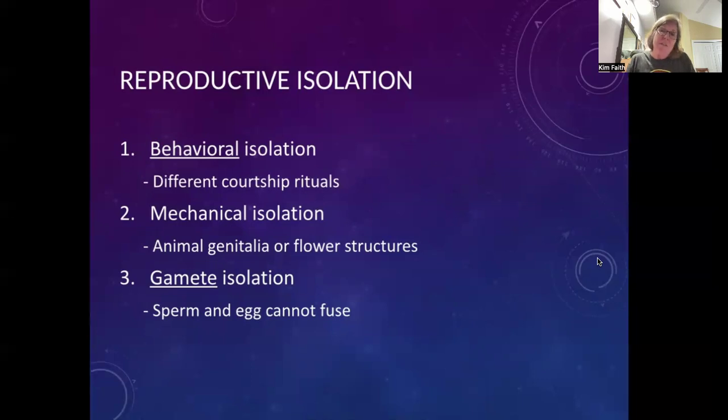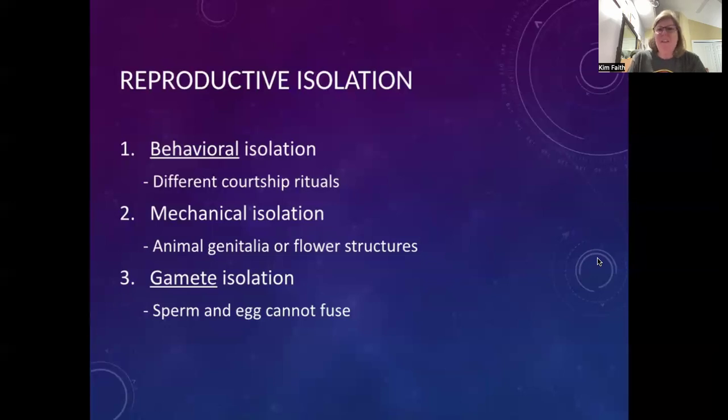Flower structures, there's different types of flowers, and when we look at all the different shapes of flowers, that will also cause differences in plants. So plants have the same thing going on that animals do. And then we have what's also called gamete isolation. That's where even though you have the egg and the sperm, they can't fuse.